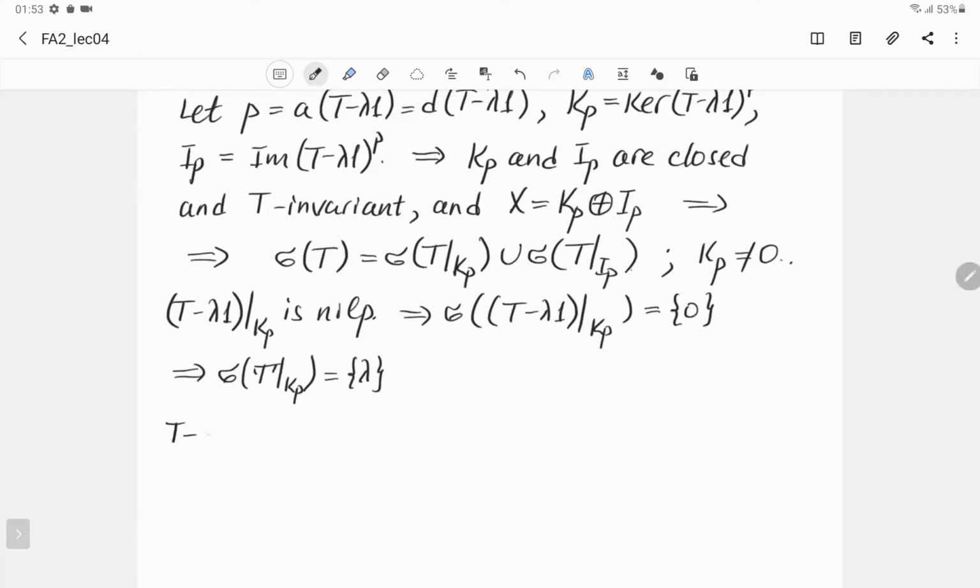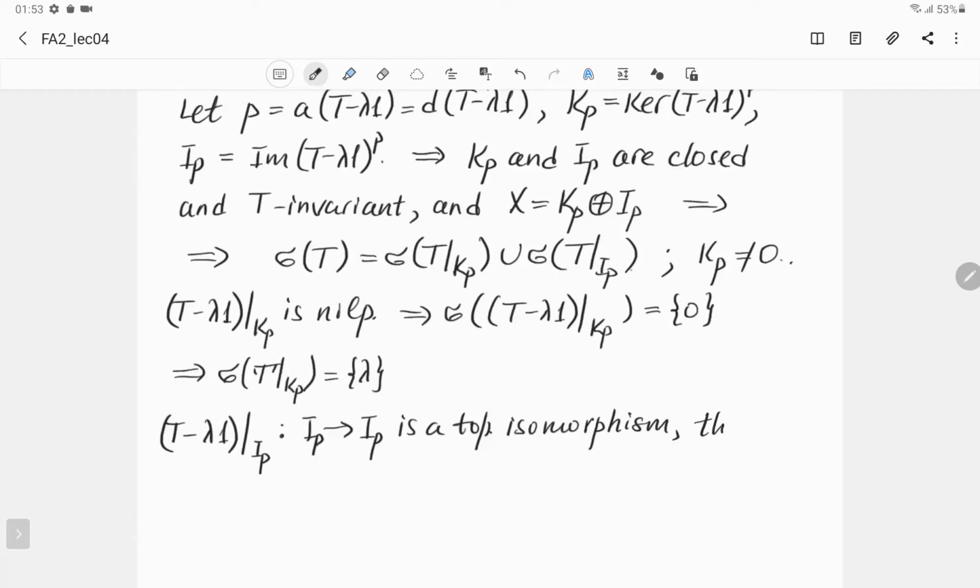We know that T minus lambda restricted to Ip is a topological isomorphism of Ip onto itself, which means that zero is not in the spectrum of this operator, T minus lambda restricted to Ip. Equivalently, this means that lambda is not in the spectrum of T restricted to Ip.